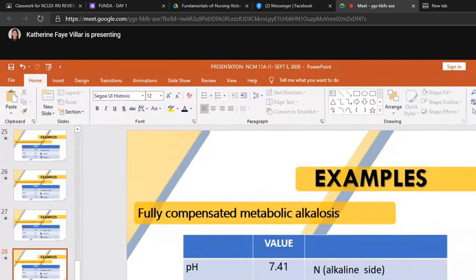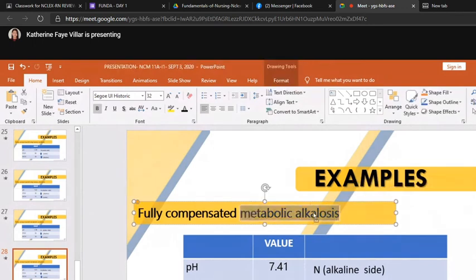Fully convinced metabolic. HCO3 nga, dapat alkalotic siya. Okay, alkalotic. So, ano dapat? Mas mataas, 27 or mas mataas. Yan. Perfect.